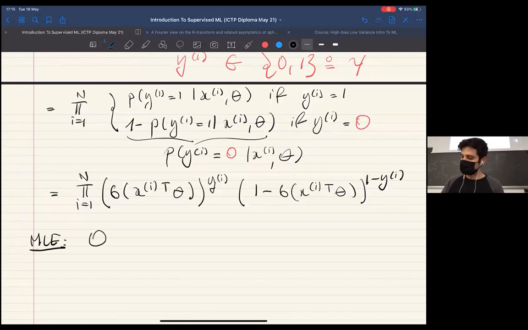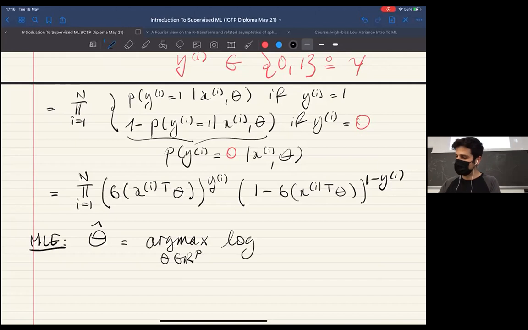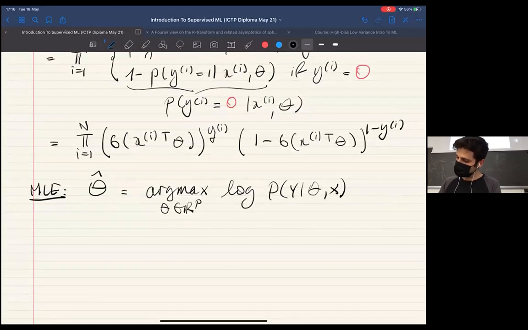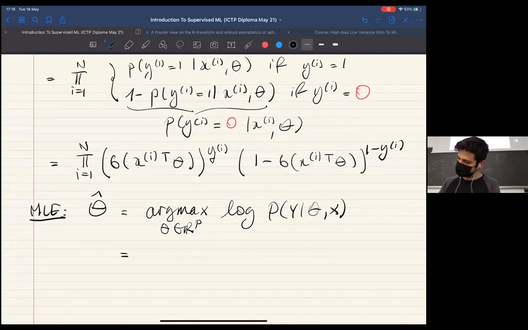So the theta that we will select will be the argmax of the likelihood function associated to that, and actually the log likelihood. Again, remember, taking the log changes nothing. It's an increasing function. So we take the log of this probability. And concretely, what does this give us with what we wrote here?